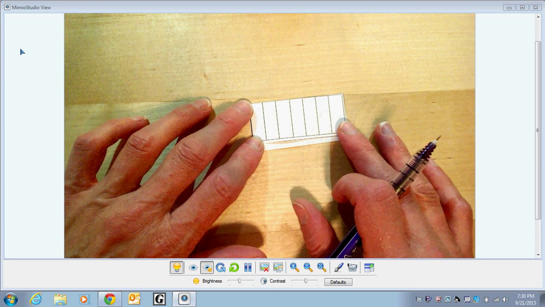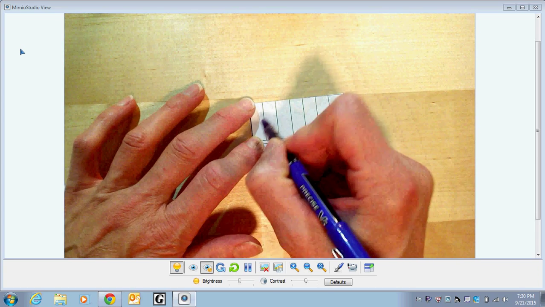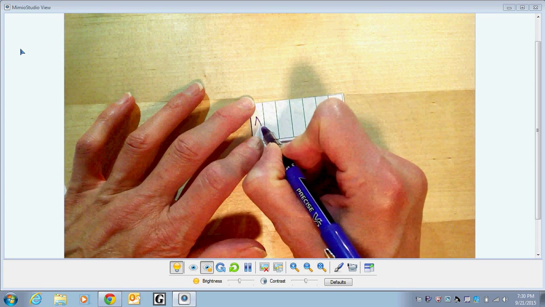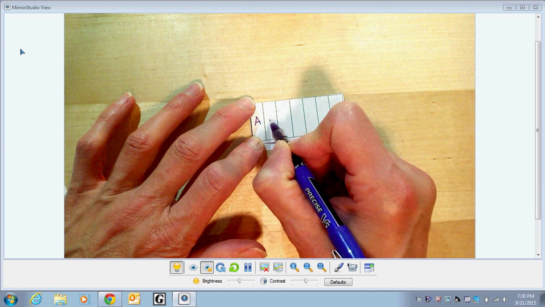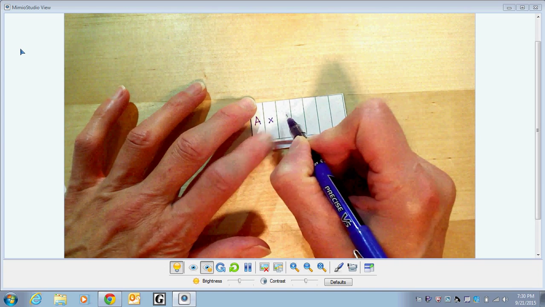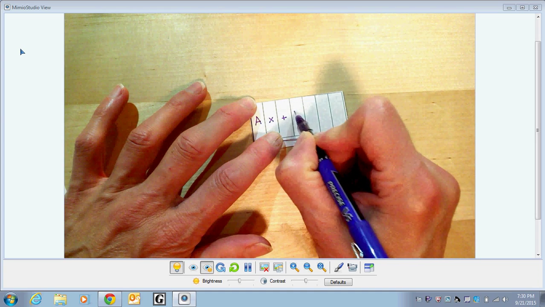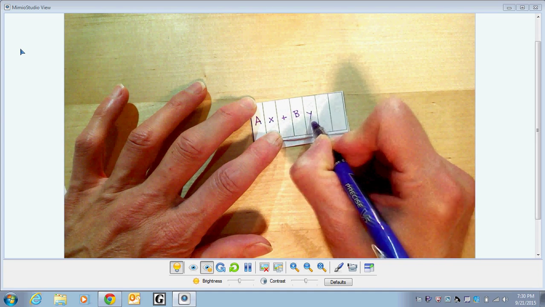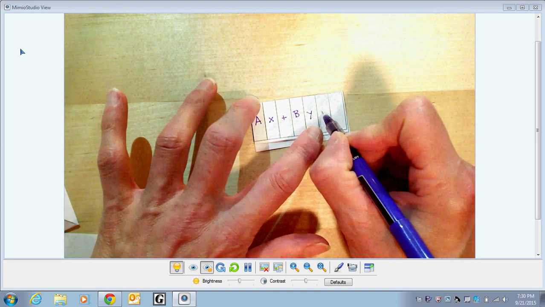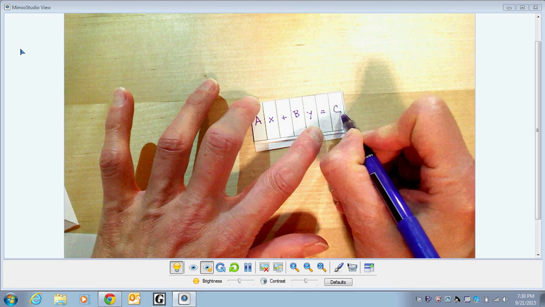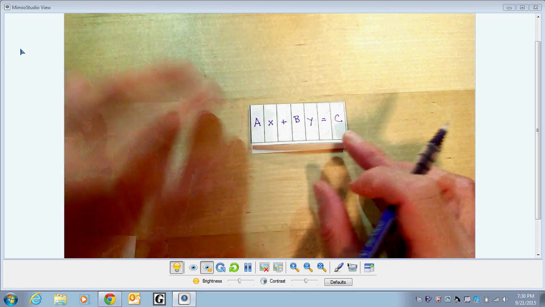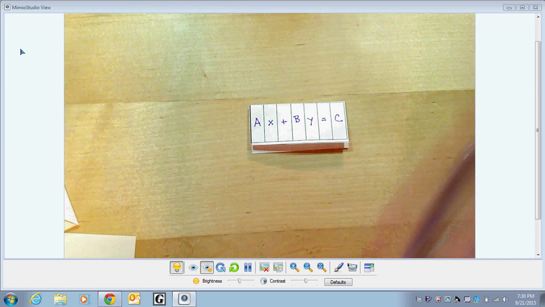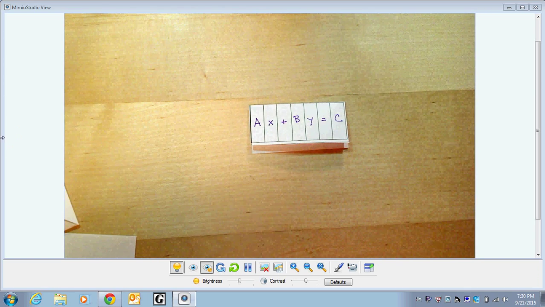I could start with slope-intercept form, but I'm just going to start with standard form. So we're going to write A, capital A, x plus B, y equals C. If you've noticed, I've put each of those on one of those lines.